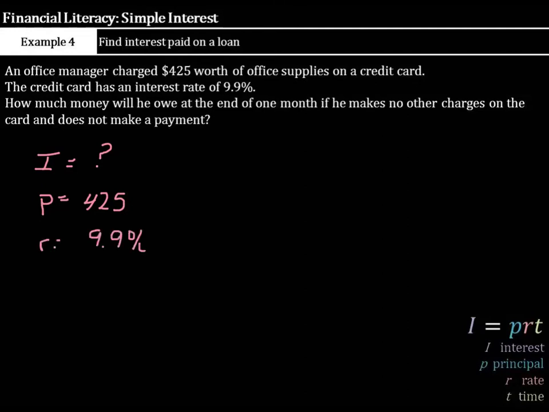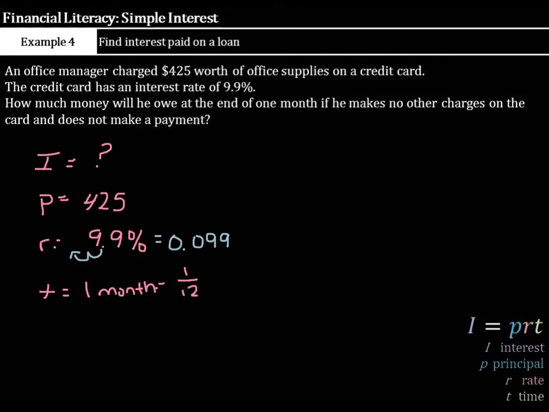And again, move that decimal place over twice to the left, and you get 0.099. Your time is 1 month, which is actually 1/12 of a year.